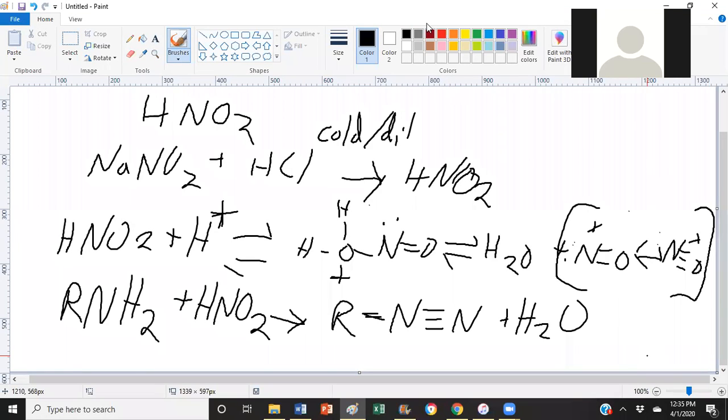Okay, so let's look at the mechanism here. Starting from our primary amine and our nitrosonium cation. Once again, standard Lewis acid, Lewis base. Nitrogen as a cation is maybe not as stable as it wants to be.